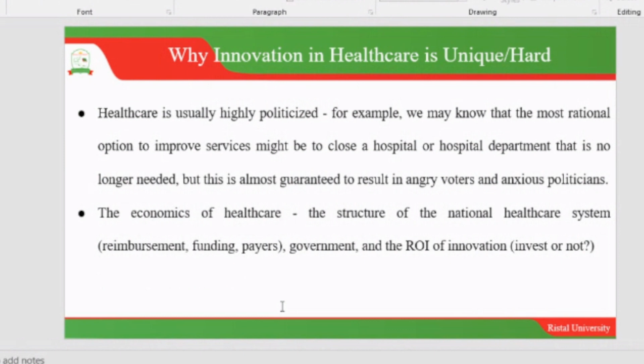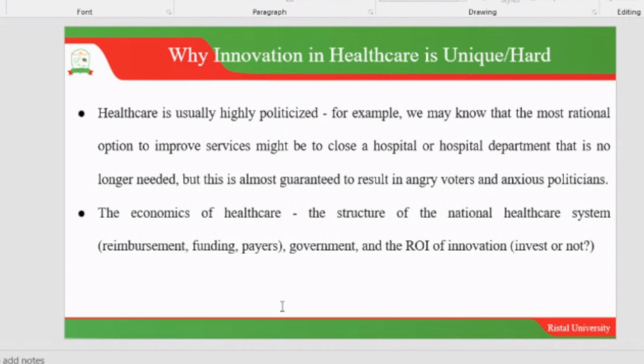Then economics of the healthcare, where we look at the structure of the national healthcare system: who pays for the services? Is it the government? If it is the government, how often do they pay? Do health workers get their salaries in time, if it is in government hospitals?